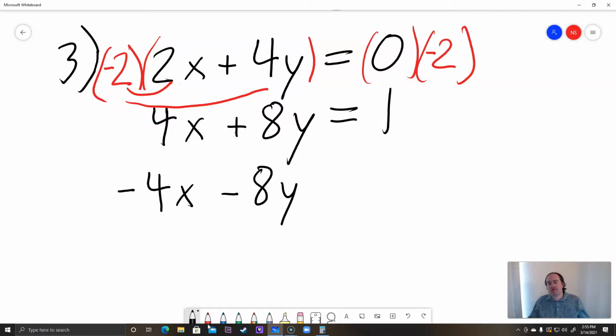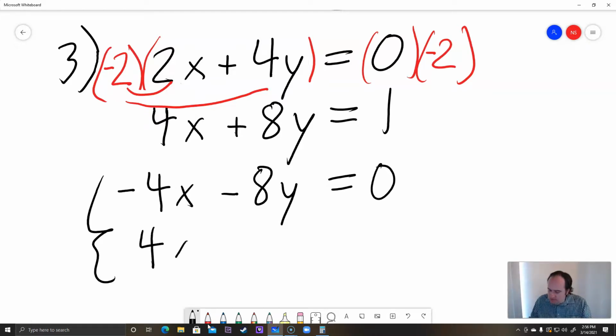So we have negative 4x minus 8y equals, well, on the other side, 0 times negative 2 is 0. Okay, so our new system is negative 4x minus 8y equals 0, and the bottom equation is still the same: 4x plus 8y equals 1.